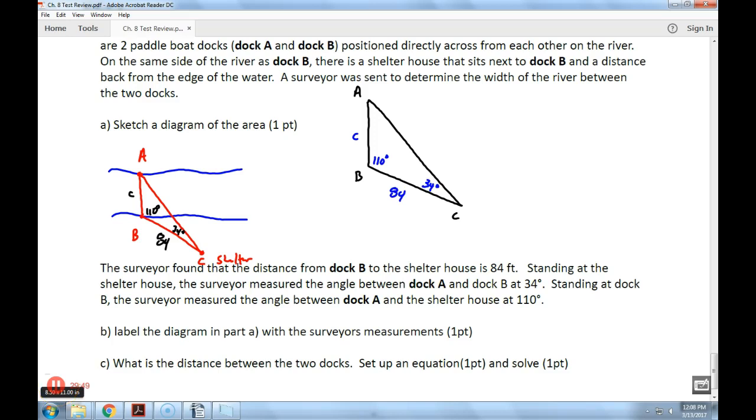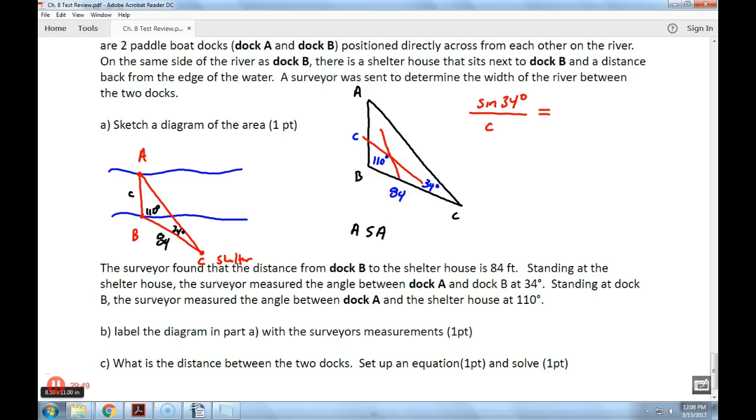So now when I'm trying to solve this, I would like to use the law of sines if I can, and I think I'm able to because I have angle, side in between, angle. But when I try to set it up, I have a bit of a problem. So I see that I have this pair: the sine of 34 degrees over C. But then I'm missing what's across from 84.